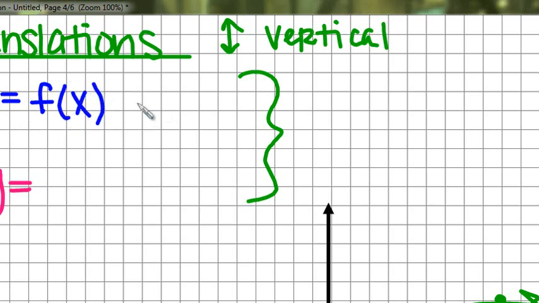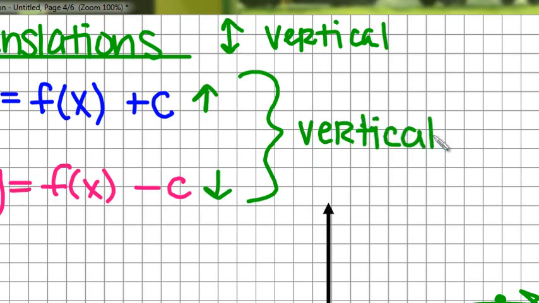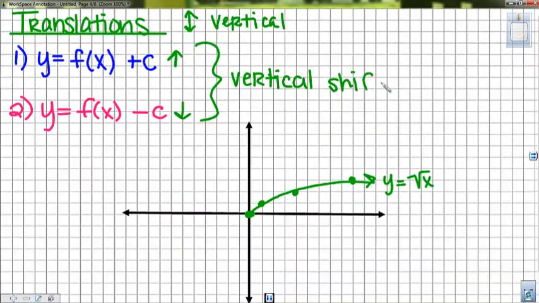So you have your function and then you add a constant, or you have your function and you subtract a constant. Okay, so adding the constant is going to move your graph up that many units, and subtracting will move it down. Okay, these are also called vertical shifts. Okay, so you won't always hear it as a translation. You may hear shift. So it is shifting your graph up or down.